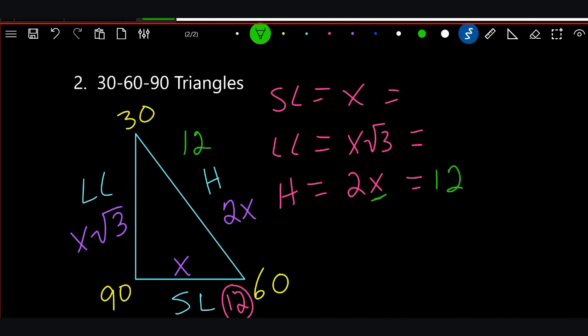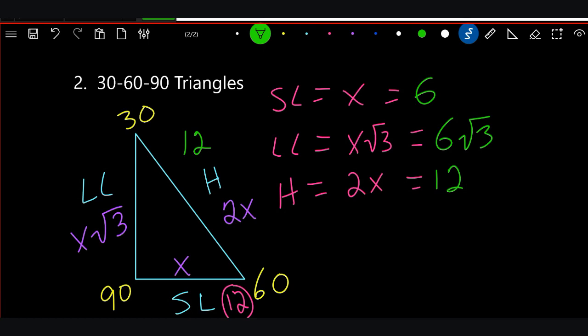How do we solve for x? It's easiest always to solve for x. That way you can plug it back into the other one. So we would divide both sides by 2, and we would get that x equals 6. Hypotenuse is 12, cut it in half. That's the short leg. How do we get the long leg? Now we would just put that in for x, and we would get 6 square roots of 3.